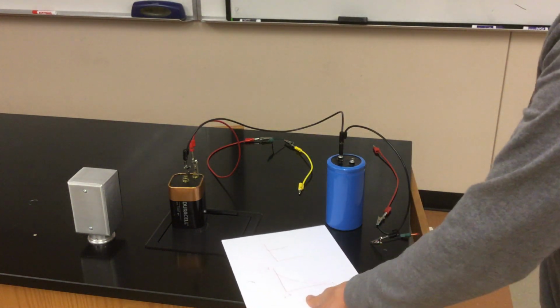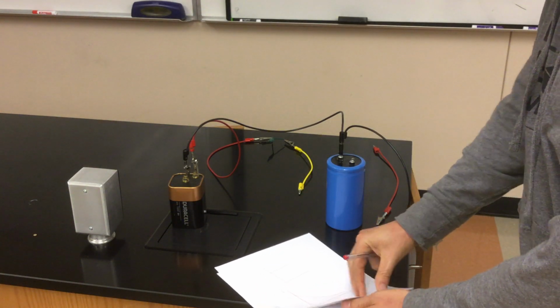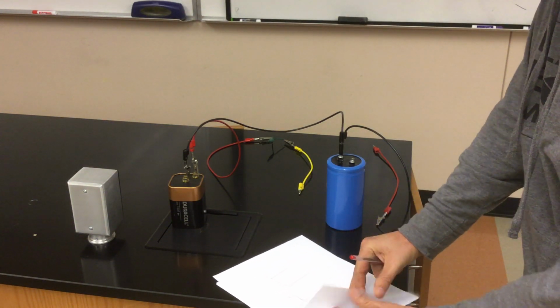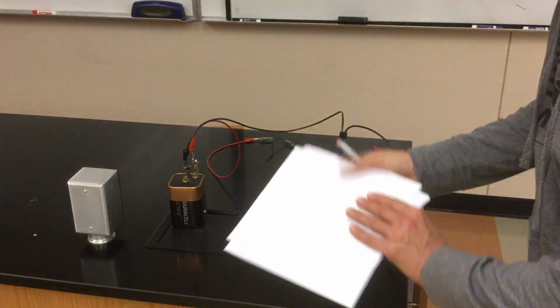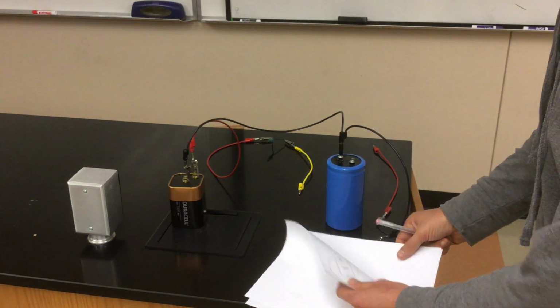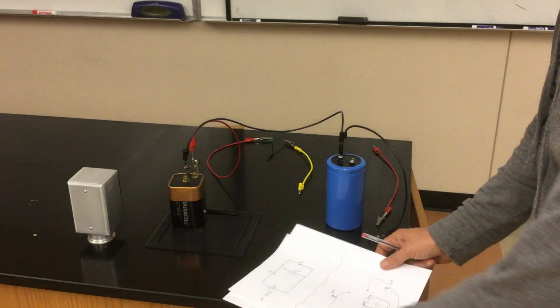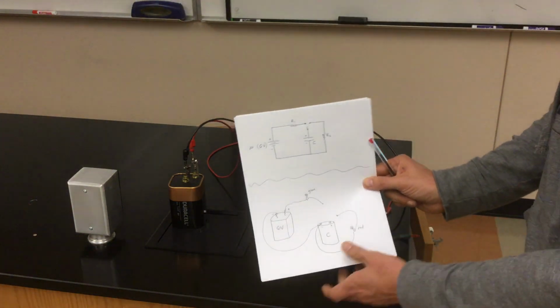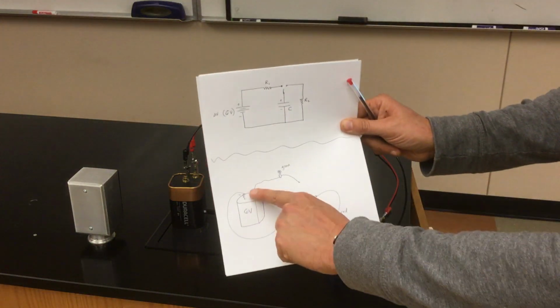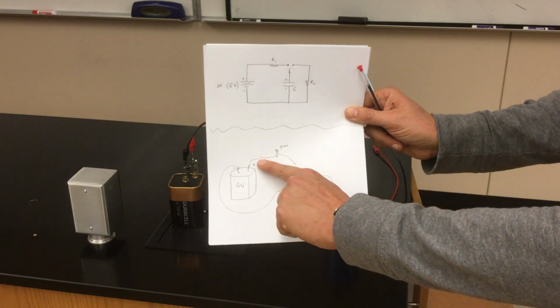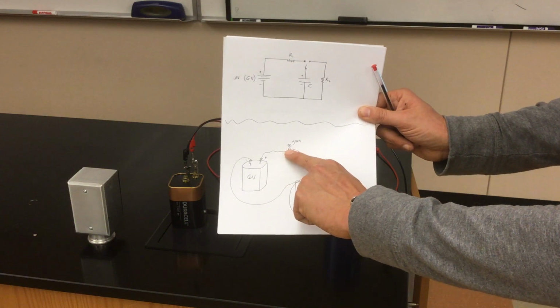So let me illustrate that with this circuit. There it is. So the circuit has a battery, we see here. I'm going to take a wire from the positive terminal, and that wire is going to run through a green light bulb.